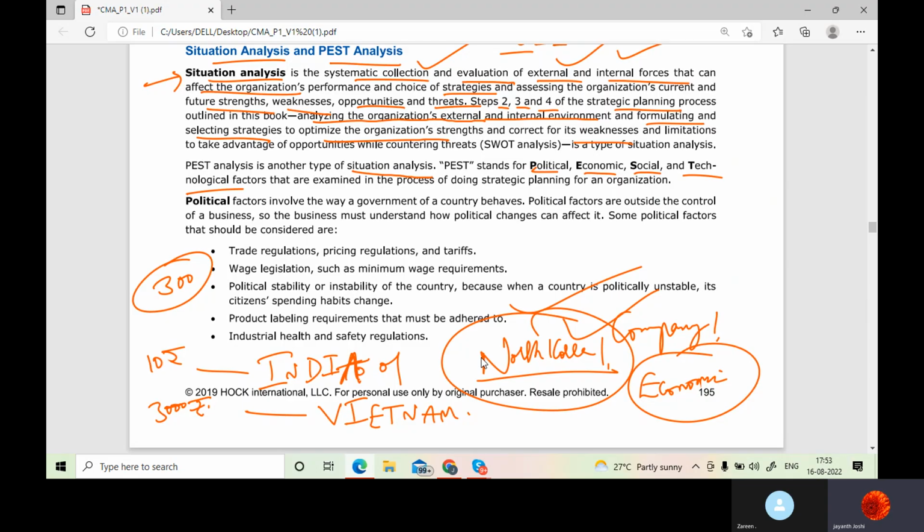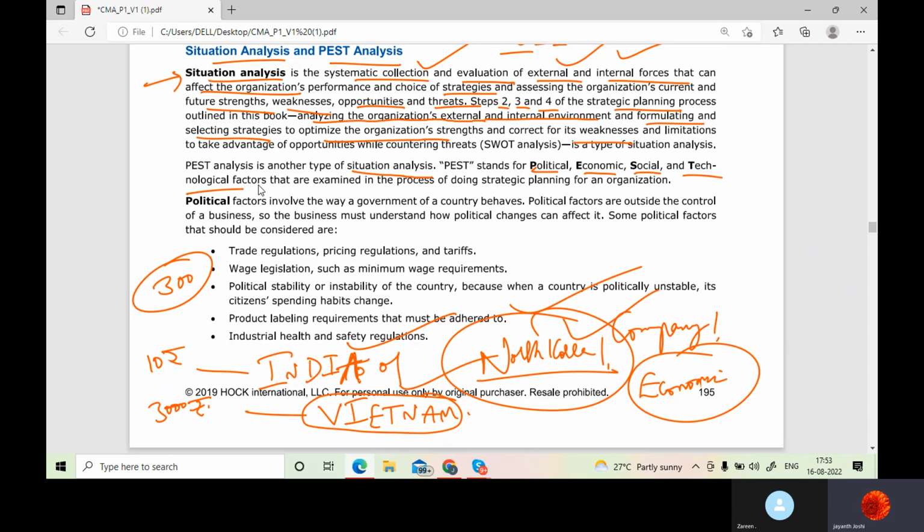You have to bow down to the dictator. Whatever he says, the entire nation has to follow. Seeing this scenario, India and Vietnam are good options, but Vietnam was a communist regime. They are slowly, steadily transforming because they have made their policies a lot more liberal. India is the largest democracy in the world, so political factors go with India and Vietnam.